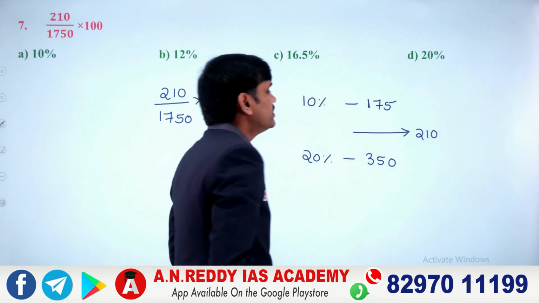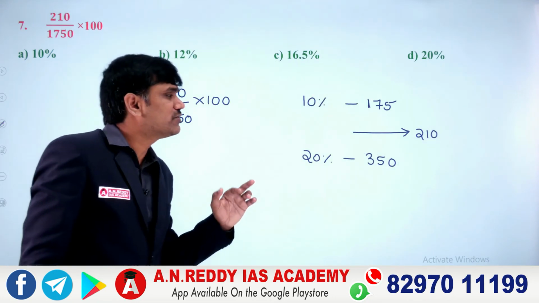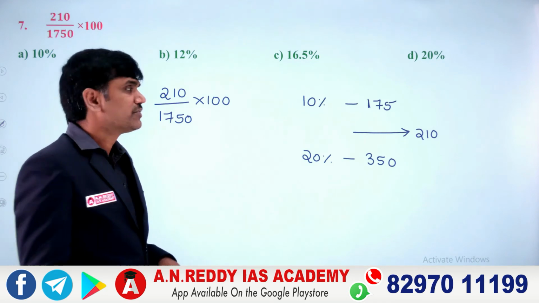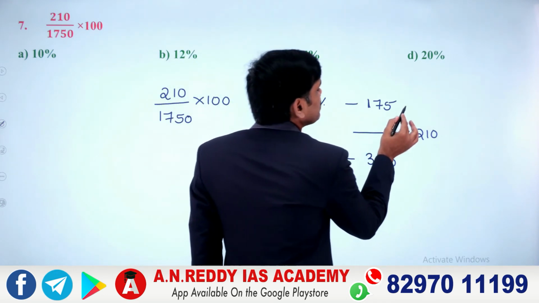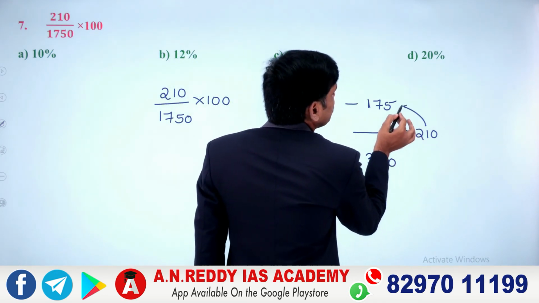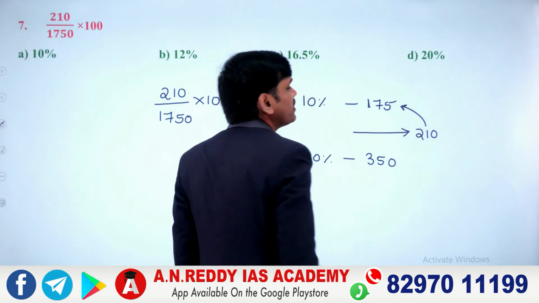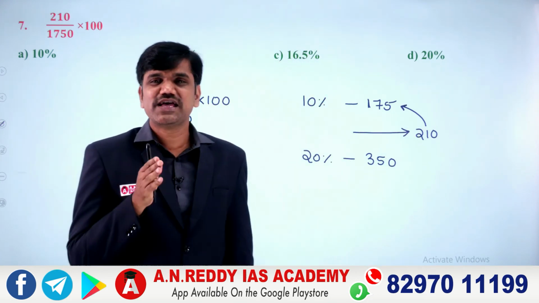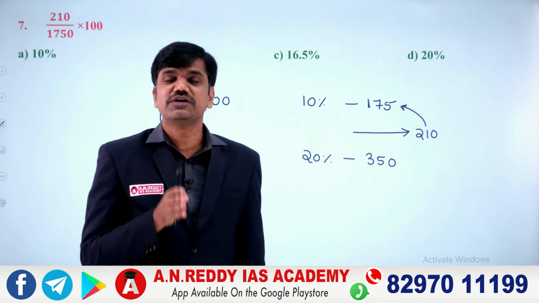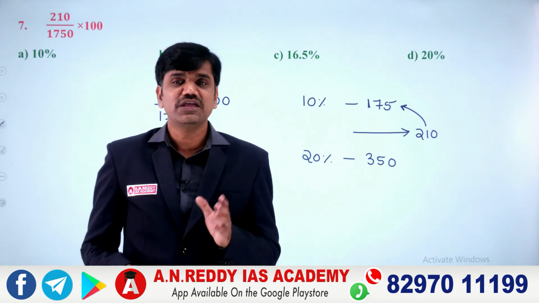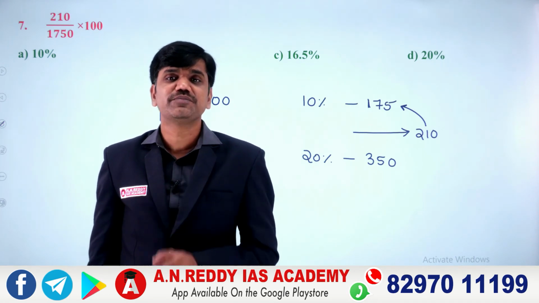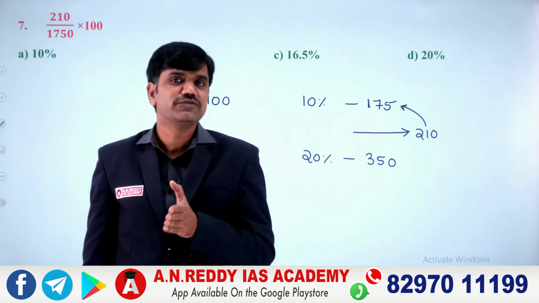Now check out, is that 210 more nearer to 10% or 20%? So 210 is more nearer to 10%. It is more nearer to 10%, which means the exact middle of 10 and 20 is what? 15%. So equidistant from 10% and 20% is 15%.